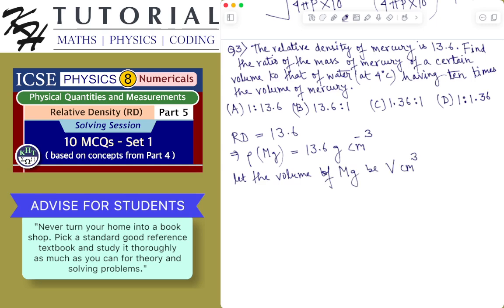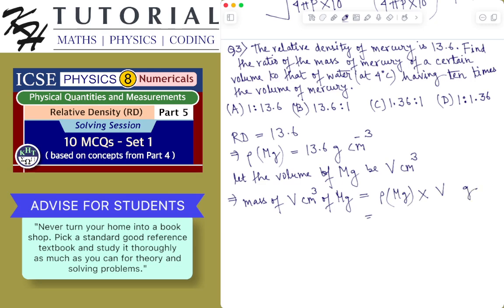So the mass of V centimeter cube of mercury will be equal to its density multiplied by the volume, that is V, this much gram.